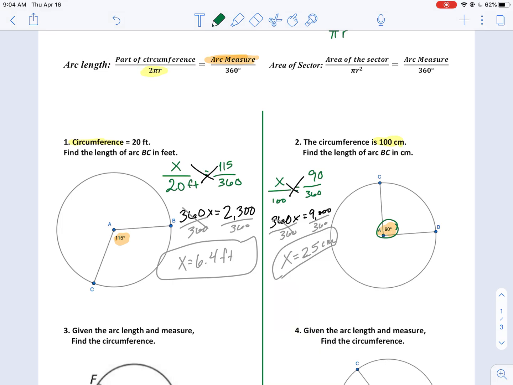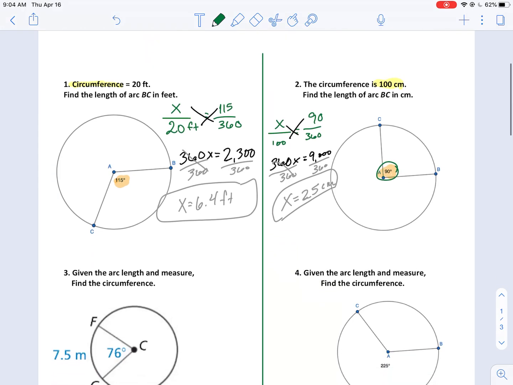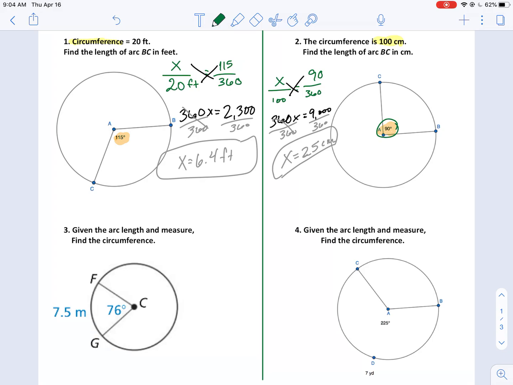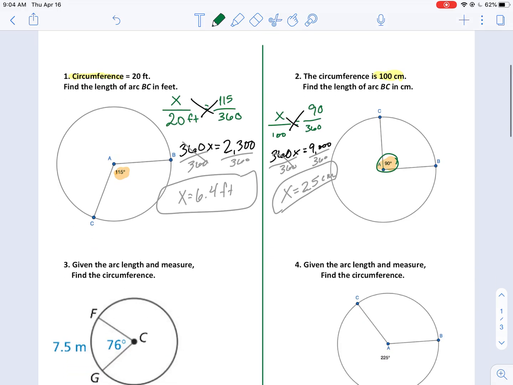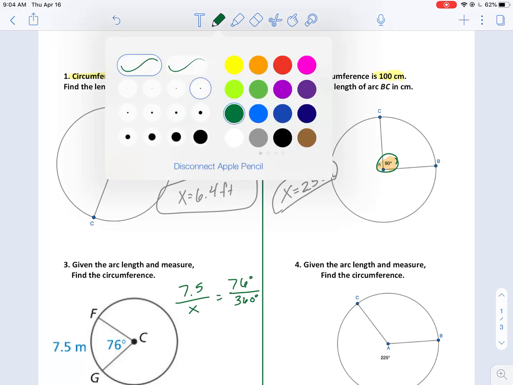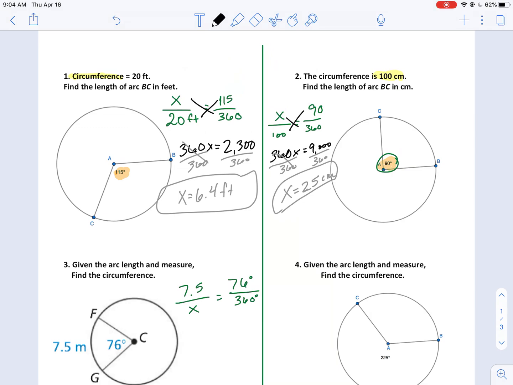Okay, so the biggest thing is just identifying what am I given here. So we're going to take the same formula, but instead of finding the part of the circumference, I'm going to give you that part, and we're going to find the whole circumference. So let's see here. I'm going to give you the part, that's the upper left corner, is 7.5. I want to find the whole circumference. I'm given 76 degrees, and the whole circle is 360.